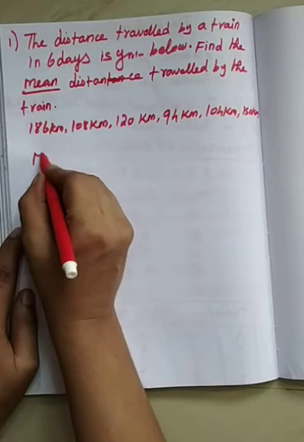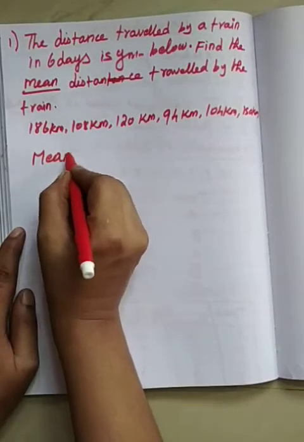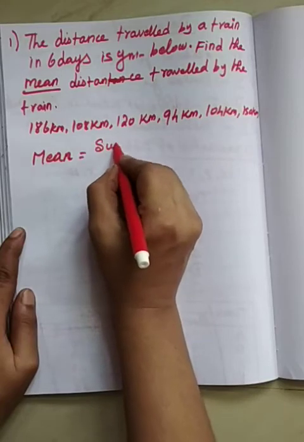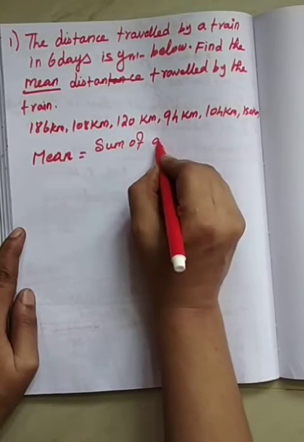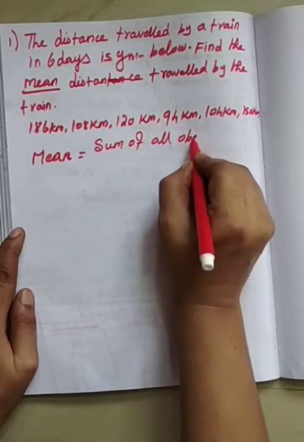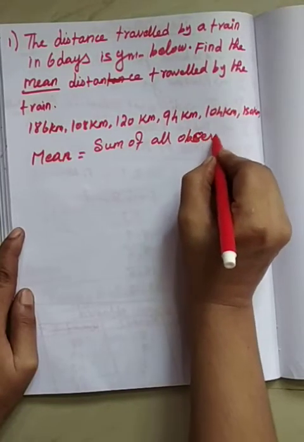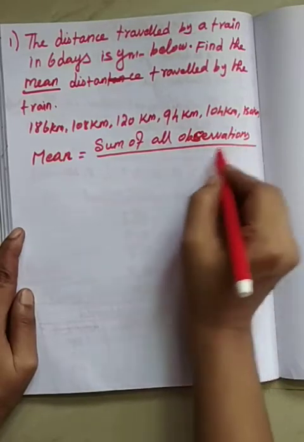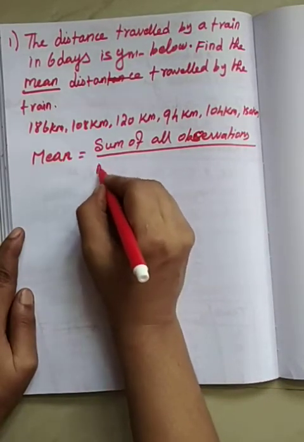Okay, now you have to find the mean. What is the mean formula? Sum of all observations divided by number of observations.